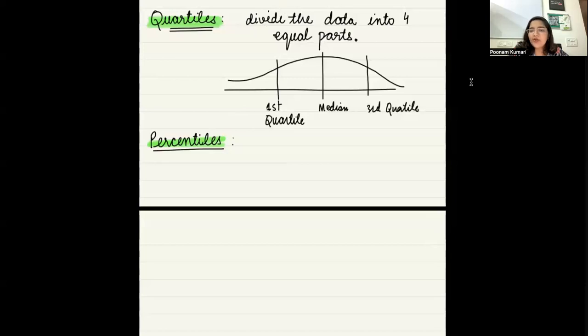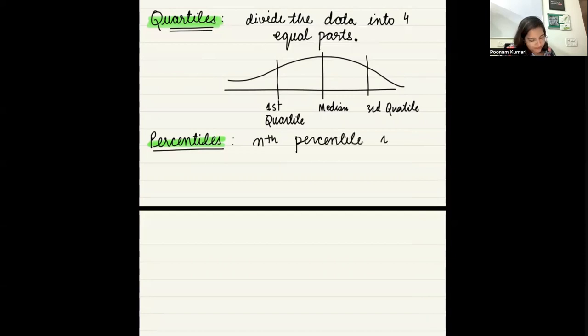So what actually is a percentile? Percentile tells you how many students have scored lesser than you. So if somebody says that I have received a 99 percentile score, what does that mean? That I am above 99% of the students who gave this exam, right? That is what it means. So let's say somebody says nth percentile, what does that mean?